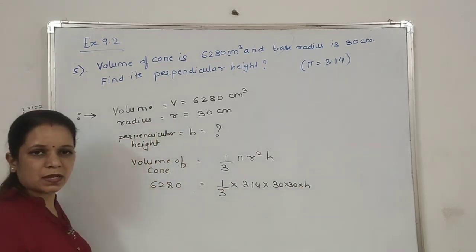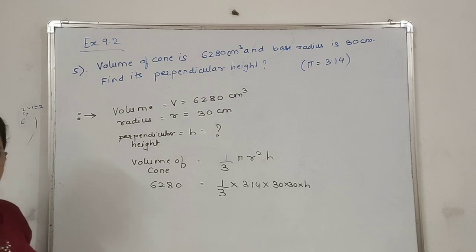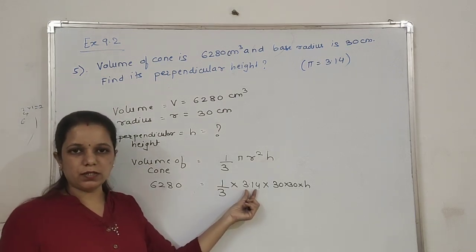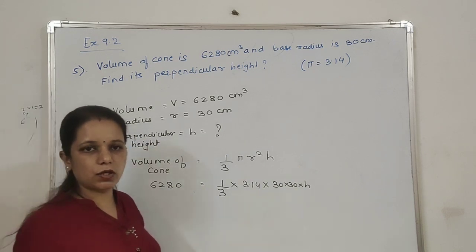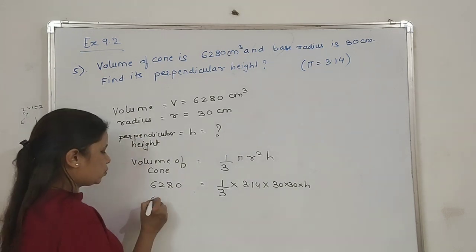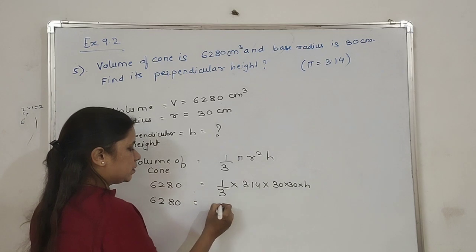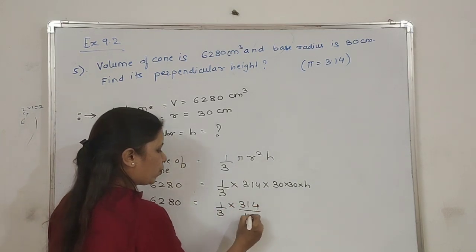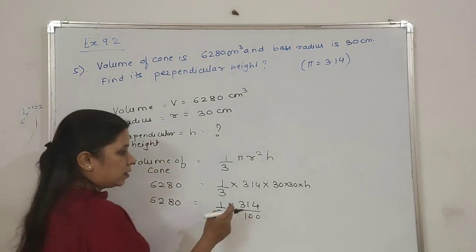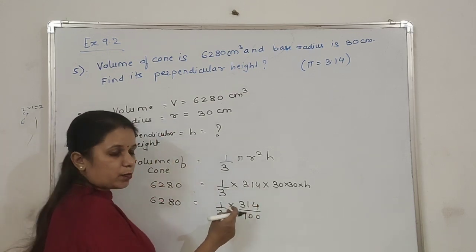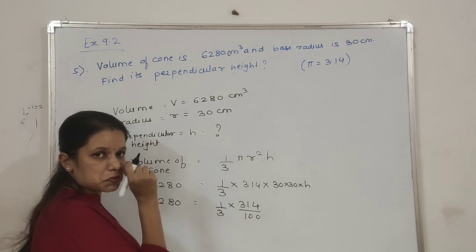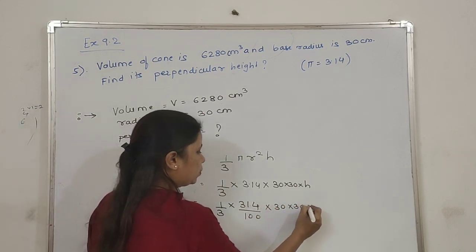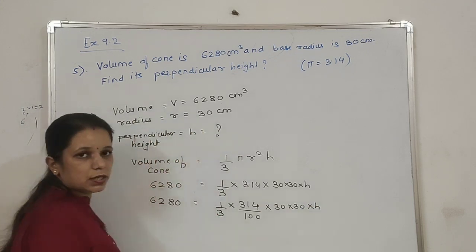Now to perform the calculation, first we will remove this decimal point so that it will be easy for us to calculate. So it will be 6280 is equal to 1 by 3 into 314 upon 100. 2 digits after the decimal point, so we have added 2 zeros at the denominator, into 30 into 30 into h.